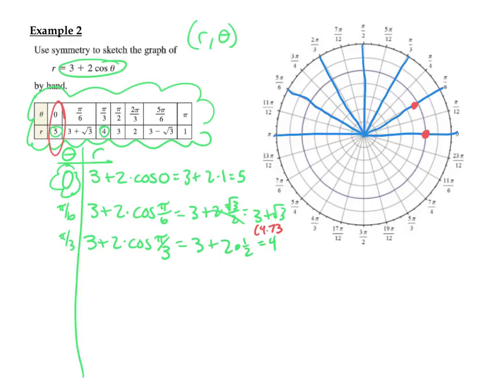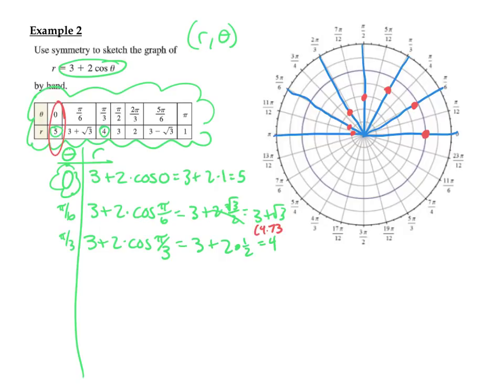We're going to go 4 on the next one, 3 on the next one, 2 on the next one. We're going to go 3 minus root 3, which is 1.26. So on my next one, I'm going to go right there, 1.26. And then we're going to go 1 on my next one.